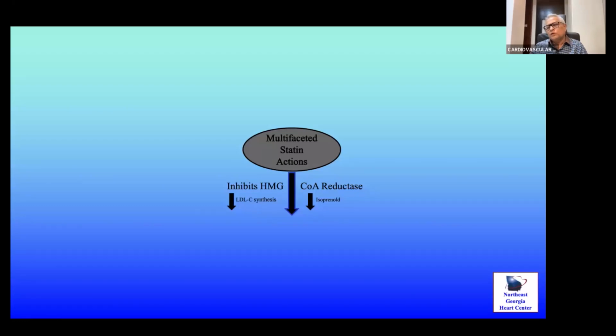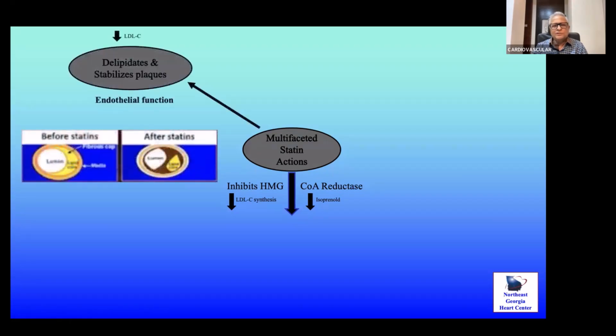So, the important drug that is available today, we all know, is statin. And statin, we know, inhibits HMG-CoA reductase and somehow blocks the further production of LDL-C. So how does it happen? If LDL-C reduces, it delipidates and stabilizes the plaque.